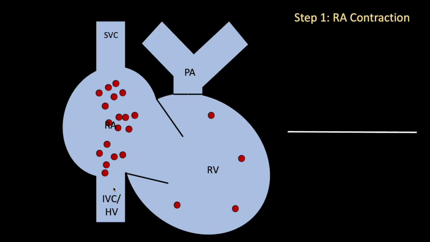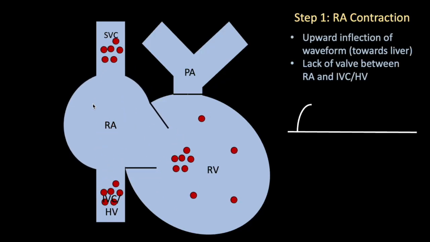So you're really thinking about the right side of the heart, and you're thinking about placing yourself right here. And let's put some red blood cells within this diagram to see what happens. The first portion of the cycle is this right atrium here is going to contract. That's going to send most of the red blood cells into the right ventricle, but a certain number of these red blood cells are, as this squeezes, going to go up the SVC or down the IVC into the hepatic veins, because there's actually no valve here.